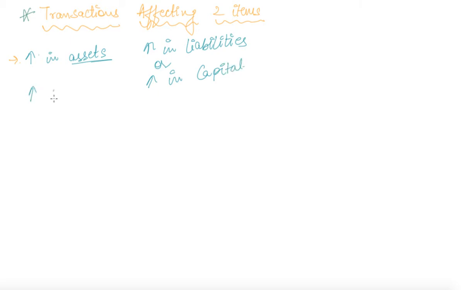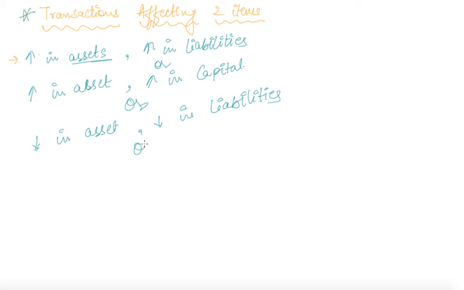Or if there is a fall in asset, then there should be a fall in liabilities. Similarly, if there is a fall in asset, then there should be a fall in capital. Let us discuss a few examples of these four transactions.